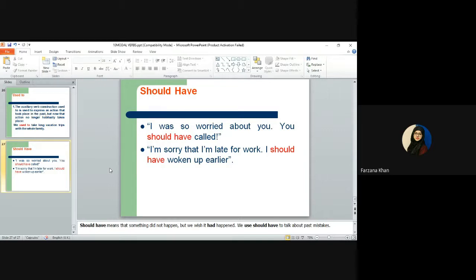You also learned how to use modal verbs, one by one, the different uses of different modal verbs. I also explained with examples, and I'm pretty sure that all the rules and points of the modal verbs are pretty clear to all of you.